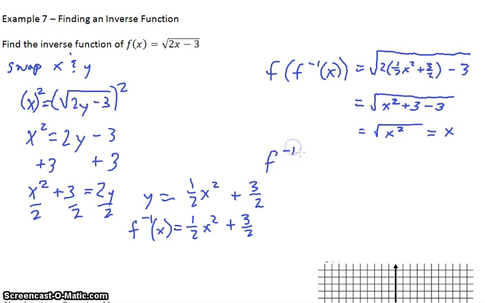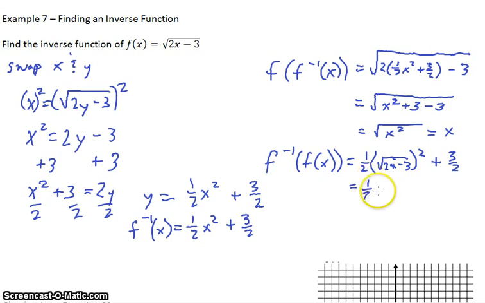So now I have to check the other way around. So I compose the inverse with the original function. So 1/2 times the square root of 2x minus 3 squared plus 3/2. So we have to square first using order of operations.